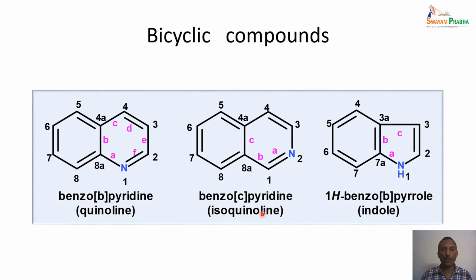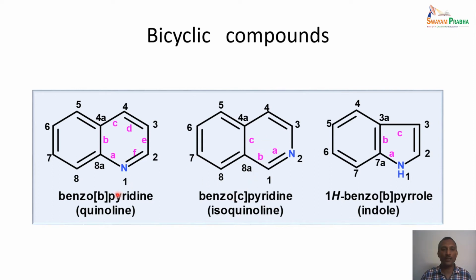And if we go to isoquinoline, the structure of quinoline and isoquinoline is exactly a carbocyclic 6-membered ring and a pyridine unit, both fused together. In the first case, the nitrogen is attached at position 1. In the other case, the nitrogen is attached at position 2. So in other words, these two are isomers, basically positional isomers.